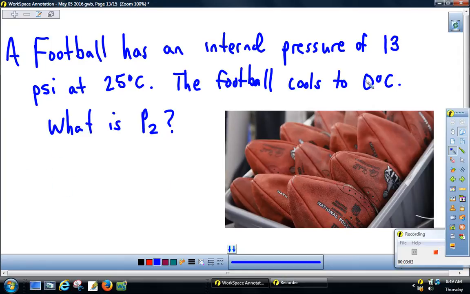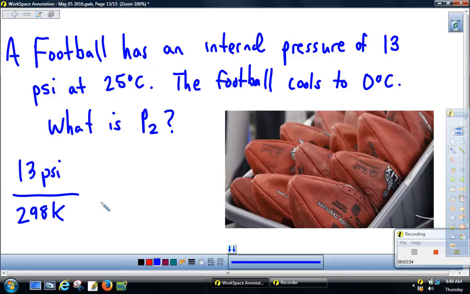So P1, the original pressure, is 13 psi. We're going to put that over the original temperature. Temperature has to be in Kelvin, so 25 plus 273 is 298 Kelvin. And that is equal to P2 over 0 plus 273, which is 273. So the temperature goes down, pressure is going to drop by a little bit.